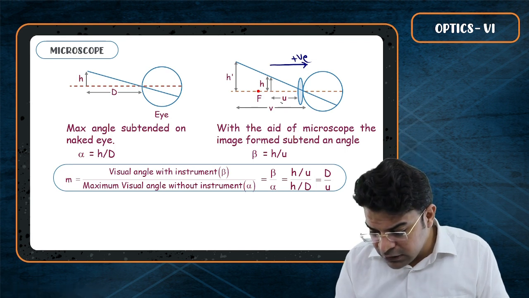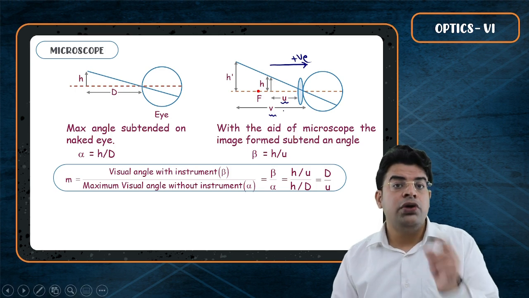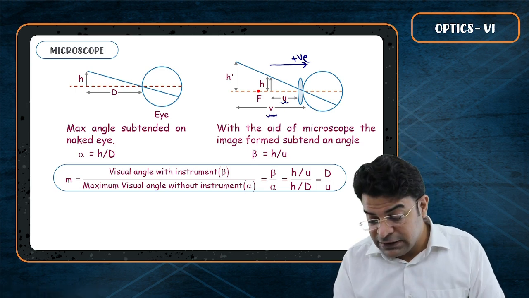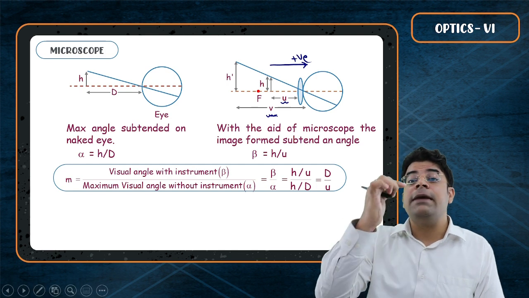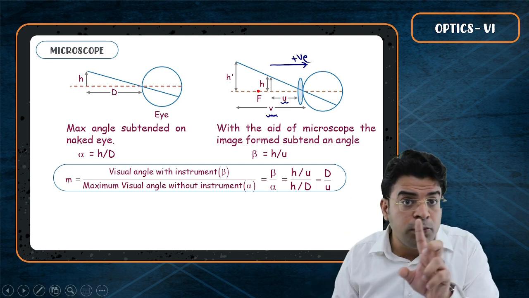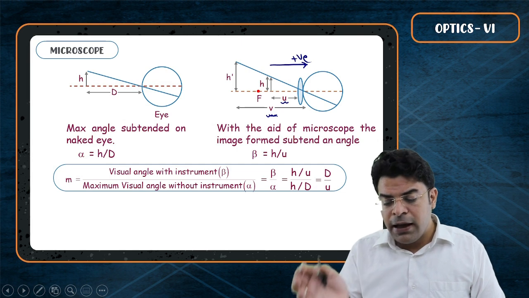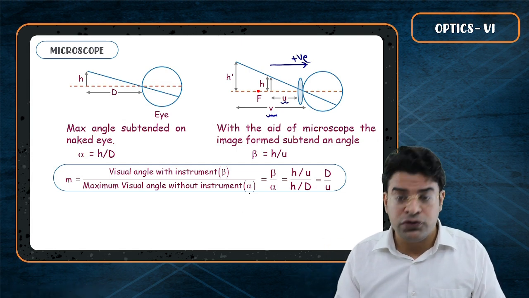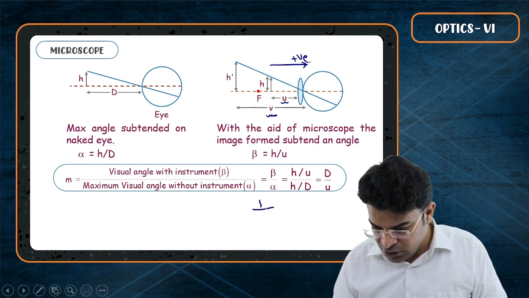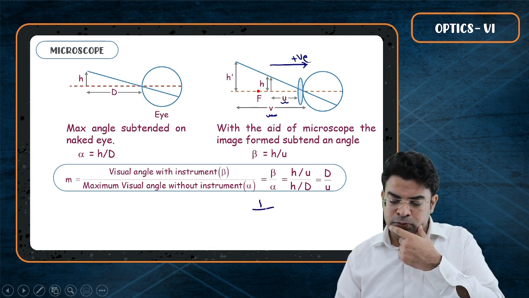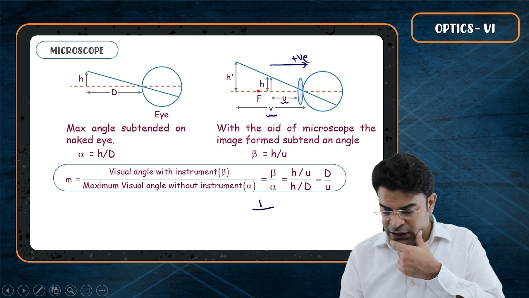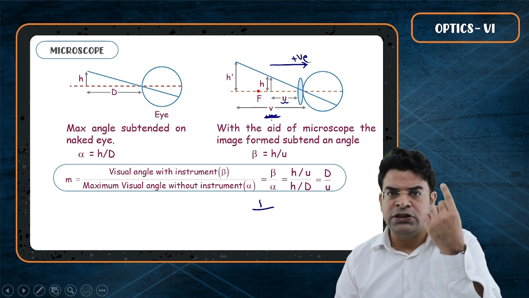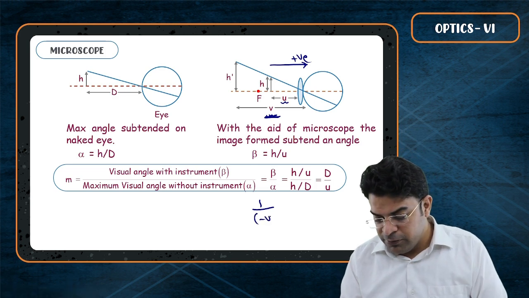Here you need to understand what is u, what is v. u is the distance of the object from the lens. v is the distance of the image from the lens. These are not positions. So when you apply the lens formula, which is 1 by v minus 1 by u equals 1 by f, you will say 1 by v. In the formula, I substitute the position of the image, and here v is the distance of the image. So if the distance of the image is v, the position of the image will be minus v.